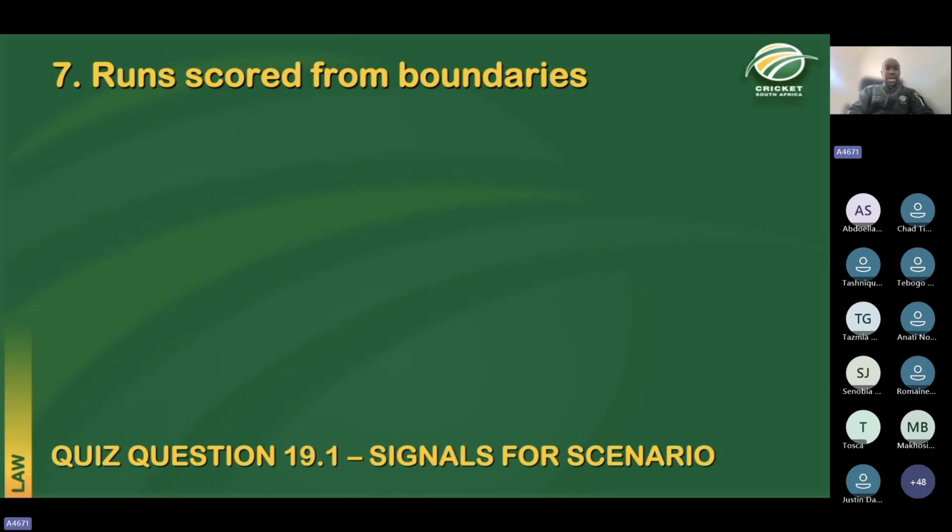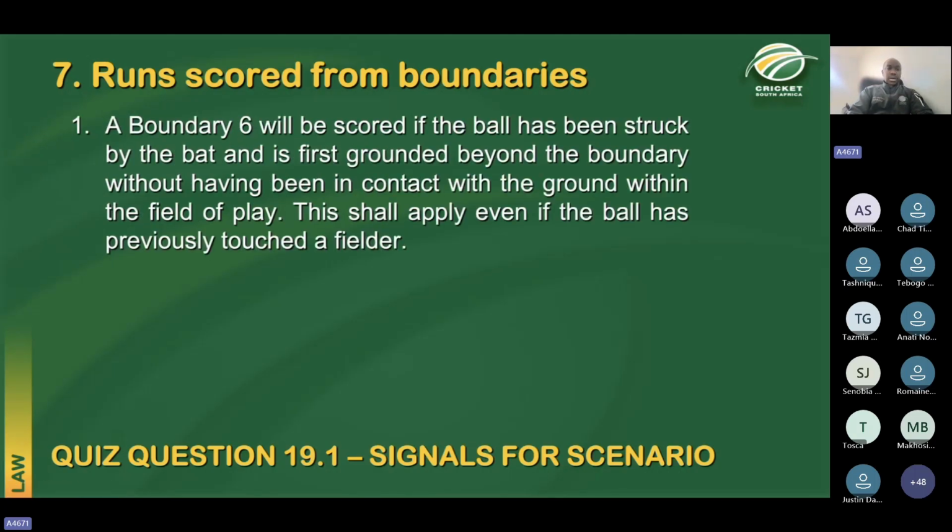Runs scored from boundaries. Boundary 6 will be scored if the ball has been struck by the bat, very important, and is first grounded beyond the boundary without having been in contact with the ground within the field of play. This shall apply even if the ball has previously touched a fielder.